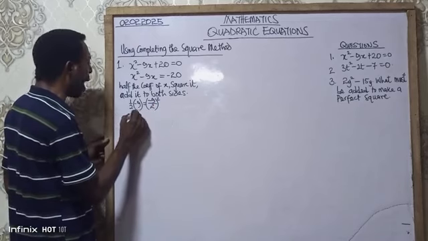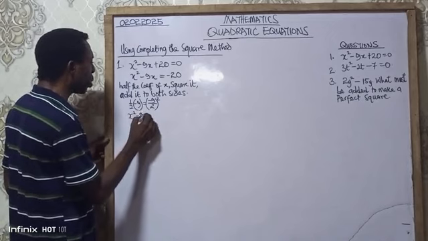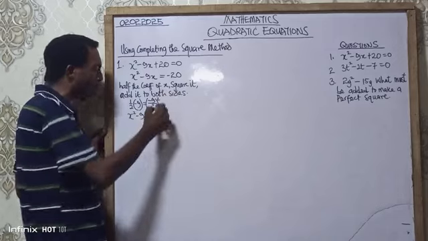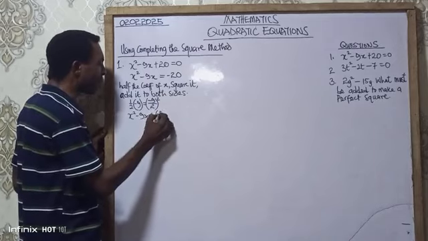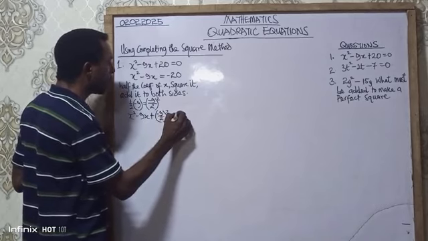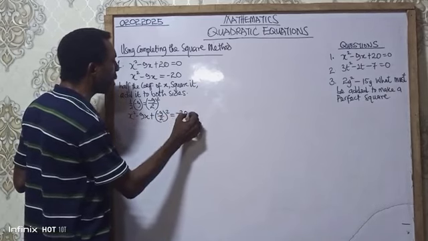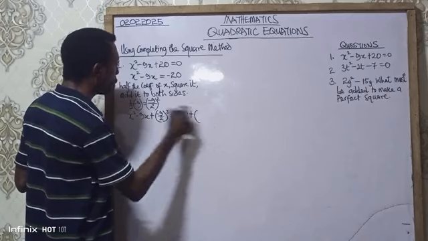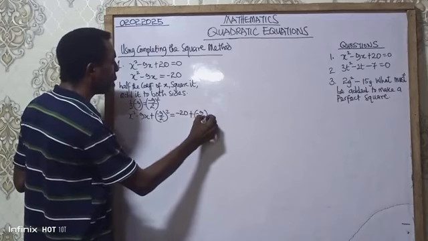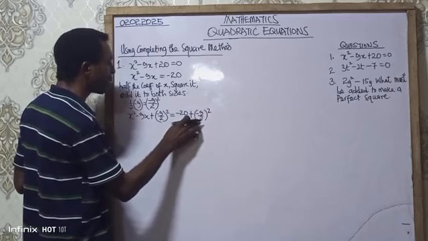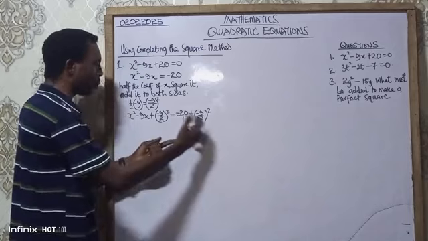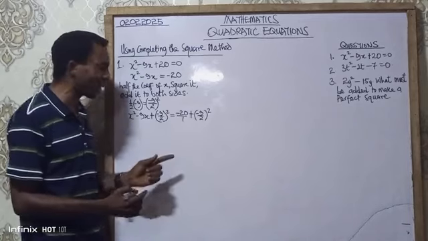That means we will say x squared minus 9x, we are adding it, so that will be plus minus 9 over 2 squared, is equal to minus 20 plus, you add it also, minus 9 over 2, then you square it. But you place this 1 over 1 in order to bracket the fractional numbers that are there.